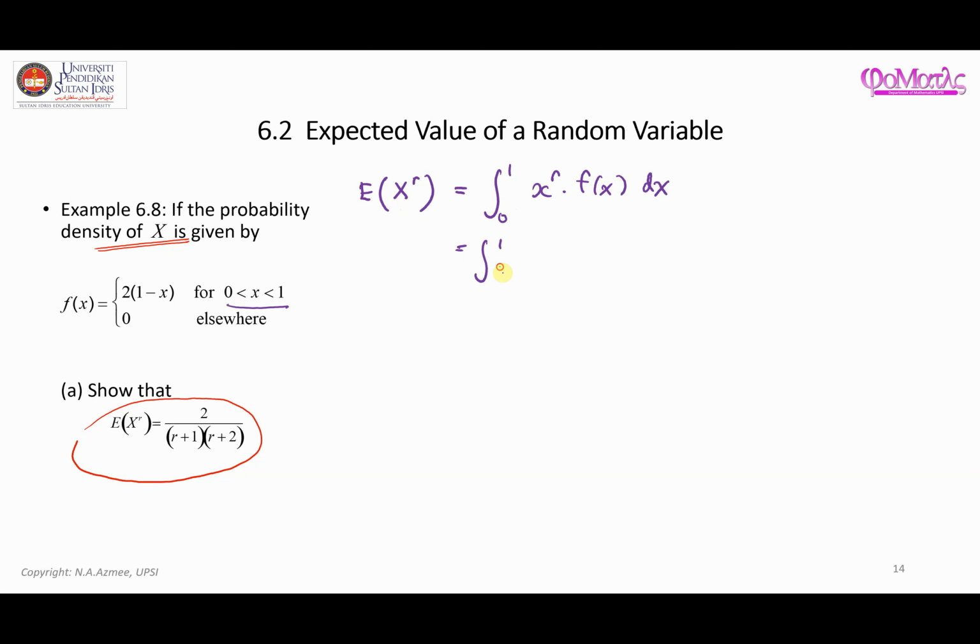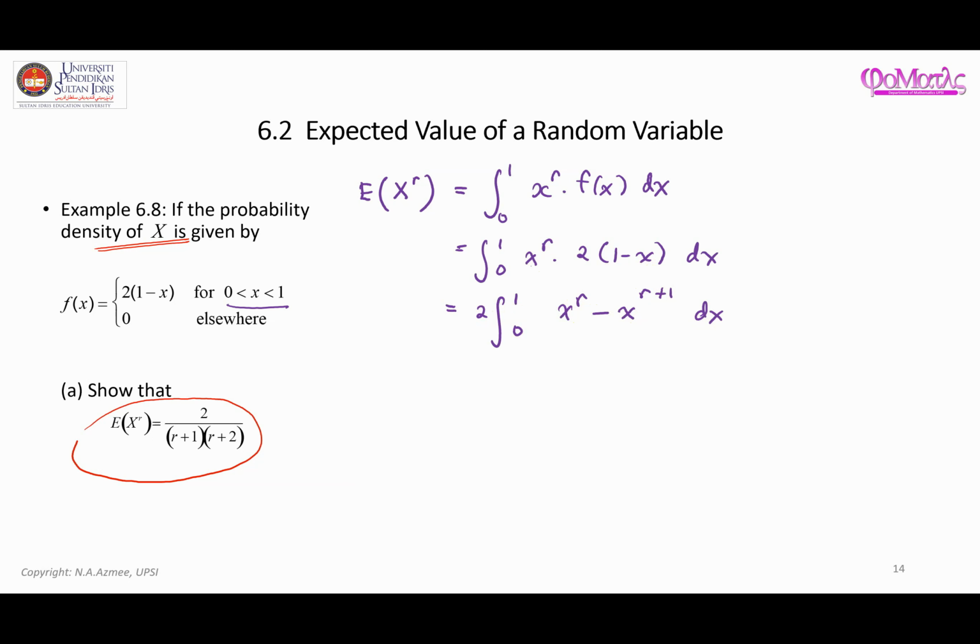Here we will have the integral from 0 to 1 of x^r, what is f(x)? 2(1 minus x) dx. And this can be easily simplified as, well, 2 is a constant, you can take it out. x to the power of r times (1 minus x), r times with this, we'll get x^r minus x^(r+1) dx.